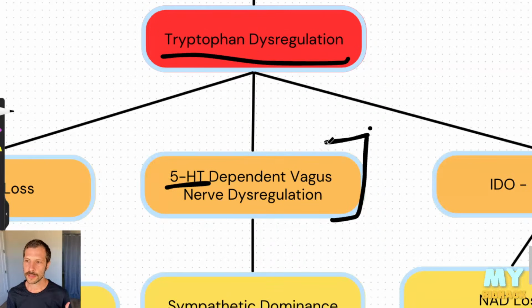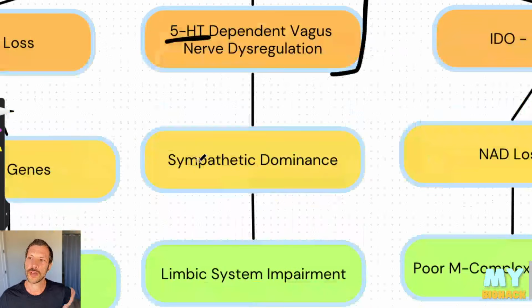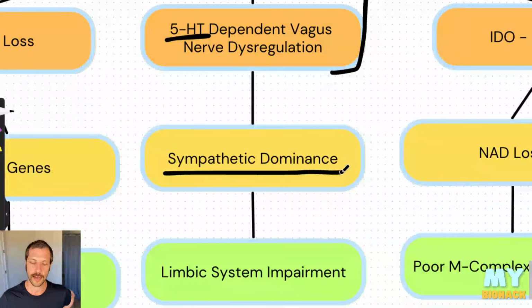And when that happens, you have a majority of your nervous system just hanging out around the gut because it has what are called gastrotransmitters. And then those gastrotransmitters act on neurotransmitters. There's a whole feedback cycle. But when you've lost this 5-HT, you get sympathetic dominance. Sympathetic dominance is essentially fight or flight, or fight, flight, freeze, or whatever you want to call it.